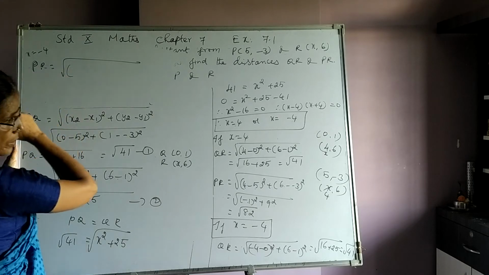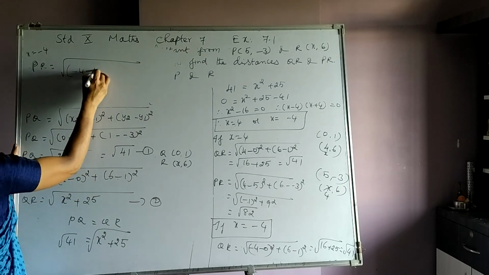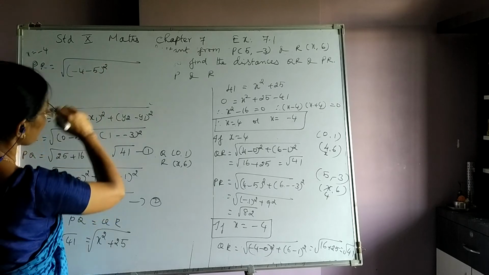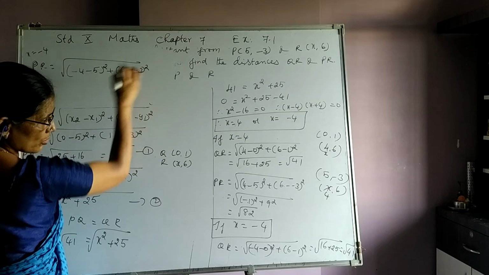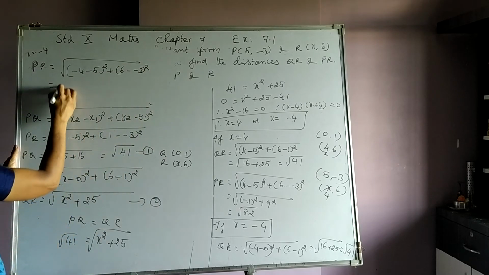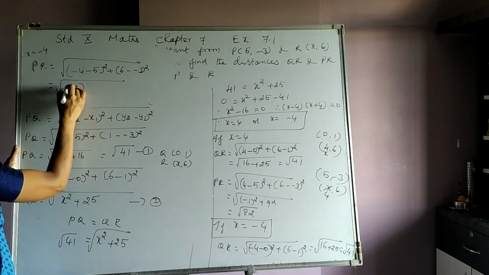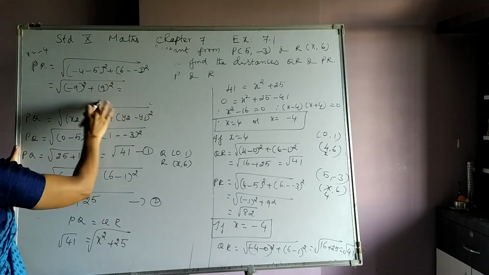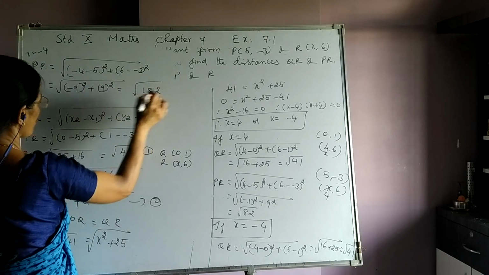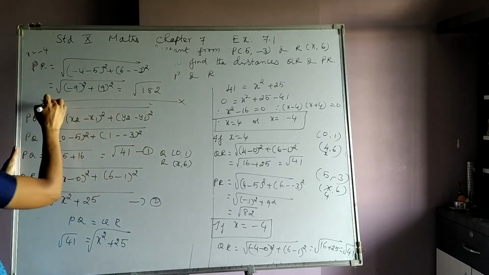It is minus 4 minus 5 the whole square plus 6 minus minus 3 the whole square. Here it is minus 9 square plus 9 square. So 81 plus 81, which is equal to root of 162.